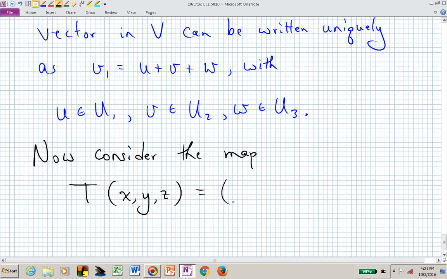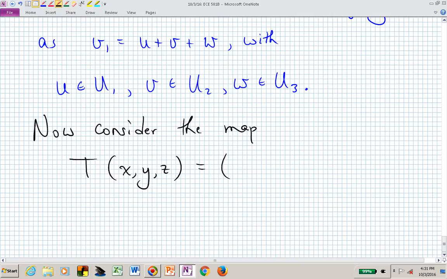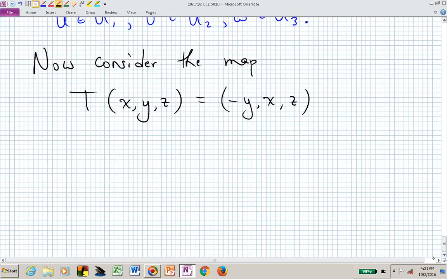And suppose that x, y, and z, when we start in 3 space, get mapped to minus y, x, z. Before I say any more or draw a picture of what this might represent, do you see what might be happening with respect to this linear map? Can you say anything about it?